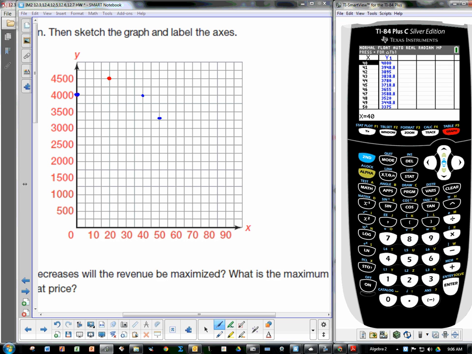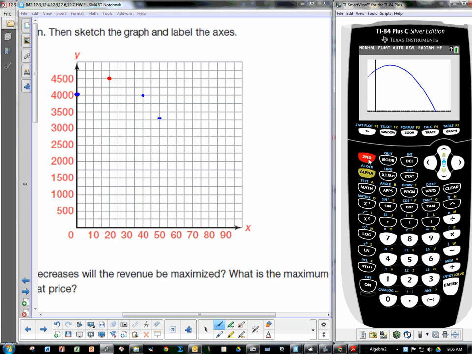What other point can I get? How about I get the x-intercept? I find the 0. So we head back to the graph, and let's go second calculate. Let's find the 0, number 2.